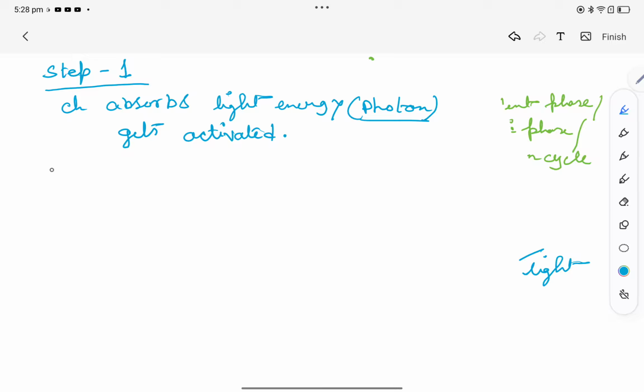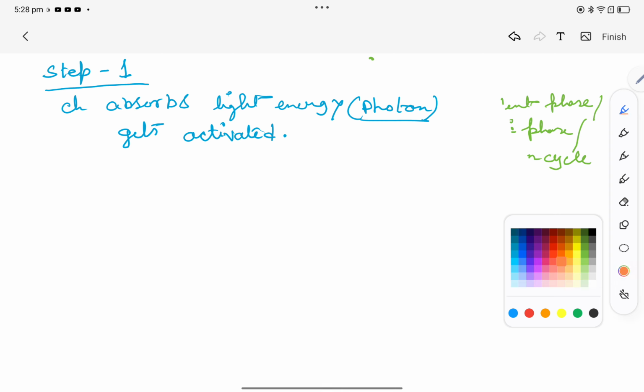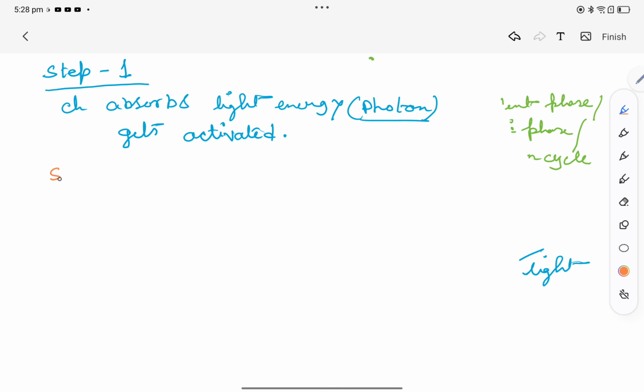Step 2 is very important. It is photolysis of water. This step is very important for photosynthesis. In very simple language, photolysis means breaking down, or splitting, of water.